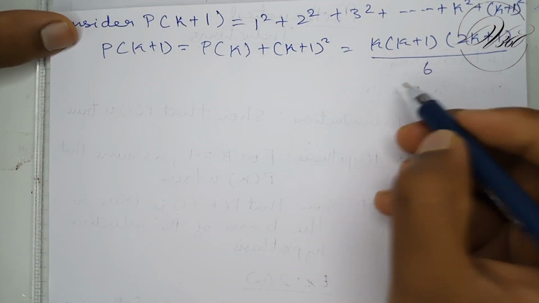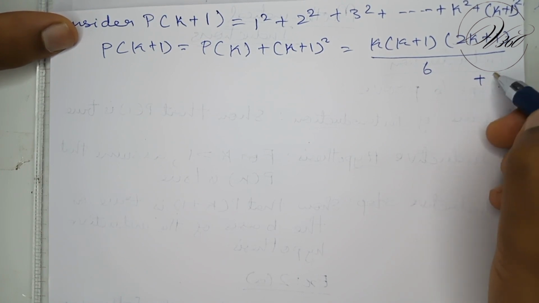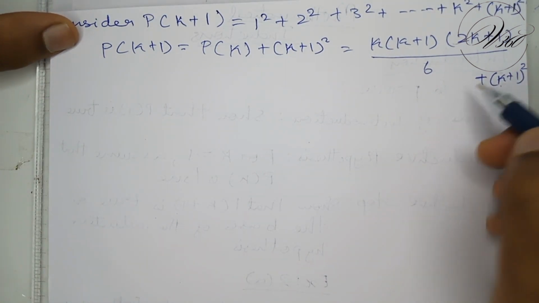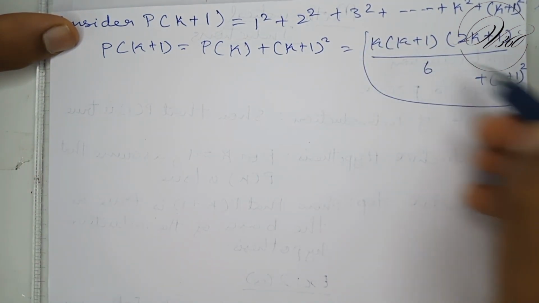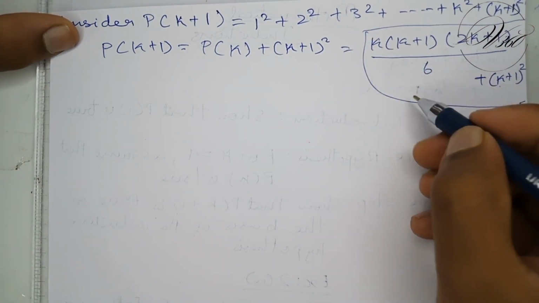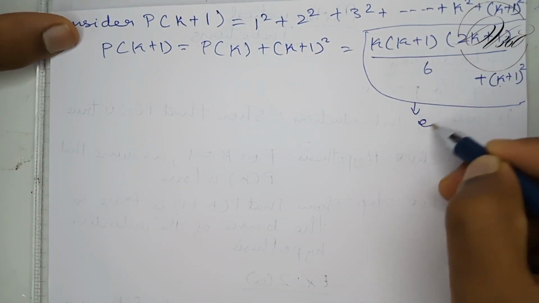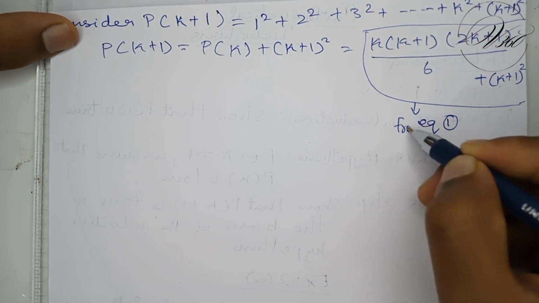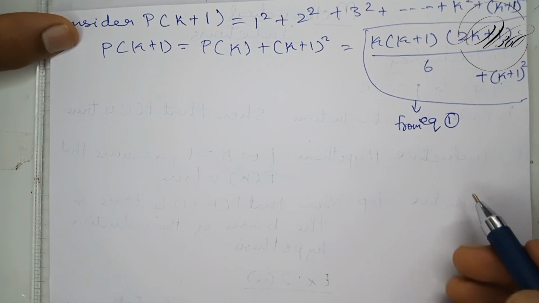Here we will get (k plus 1) square. I have written here this whole set is equation number 1. We get this from equation number 1.